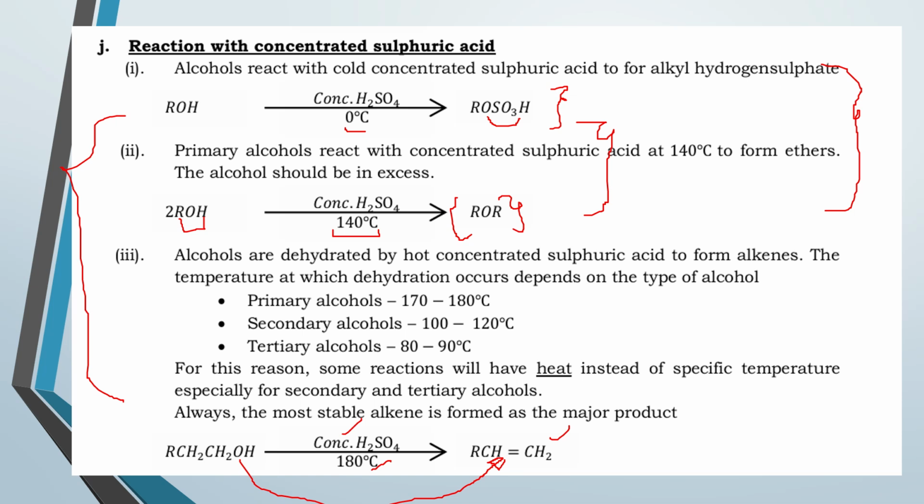And for this one, temperature must be specified. That's why whenever you're using concentrated sulfuric acid, we cannot mark if you just say heat, because concentrated sulfuric acid gives multiple products at different temperature mediums. So make sure that you always specify the temperature whenever you're using concentrated sulfuric acid.